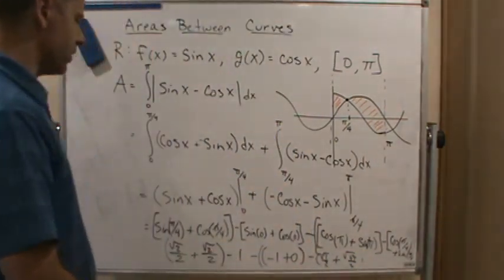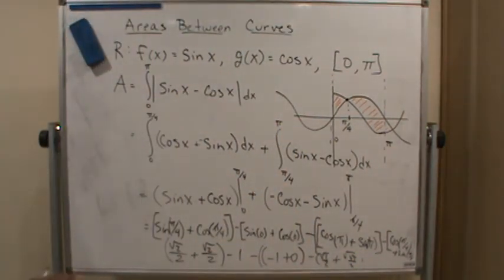When you simplify all this, taking your time, you get the square root of 2 over the square root of 2 times 2. Hold on a second. Yeah, that's right.